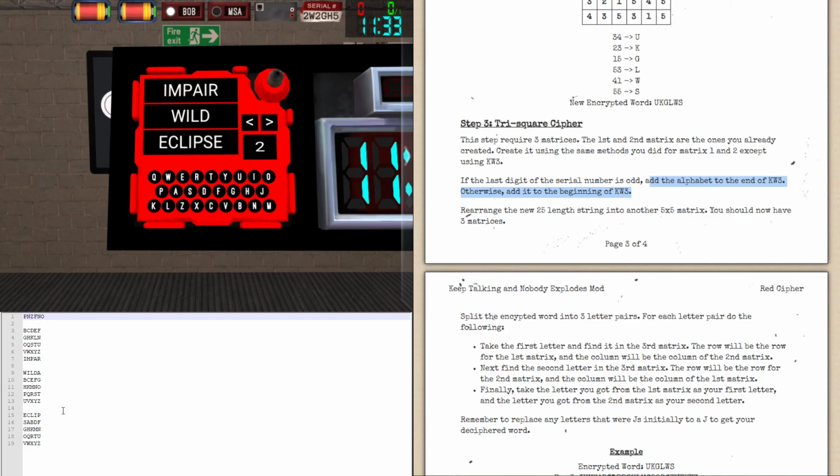Now we're going to split up our encrypted word here that we've been decrypting into letter pairs. And for each letter pair, for the first letter, we're going to find it in matrix 3.